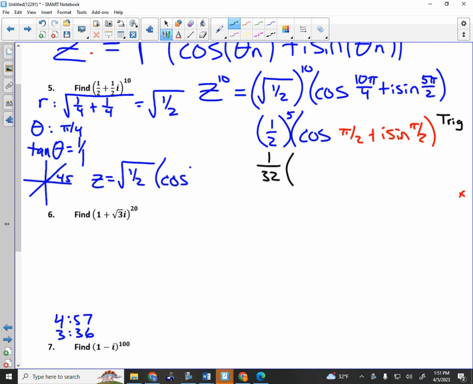X. What's the x value up here at 90? 0. Sine of pi over 2, y value, what's the y value of pi over 2? 1. So 1i. So when you look at this, you end up with 1/32 times 0 plus 1i.